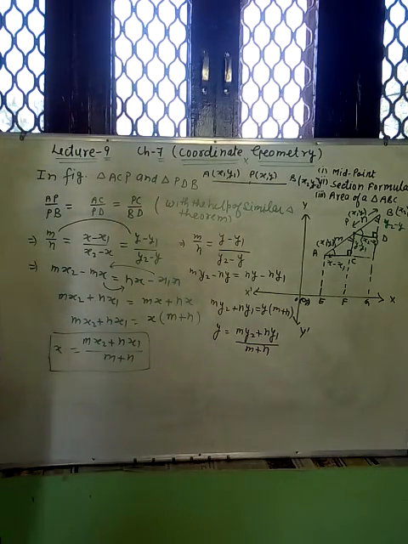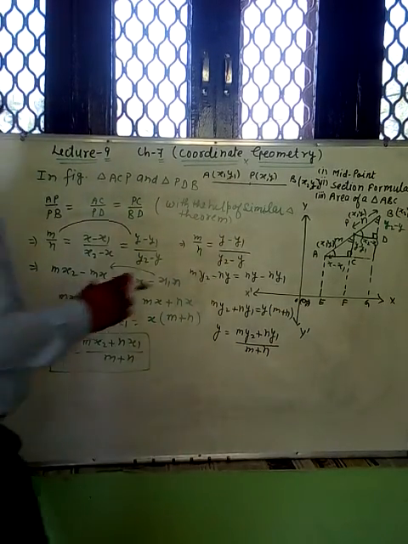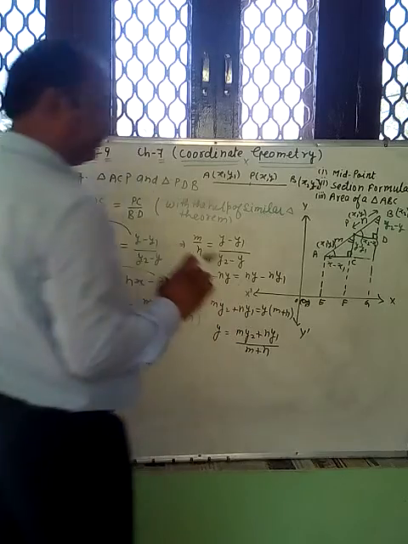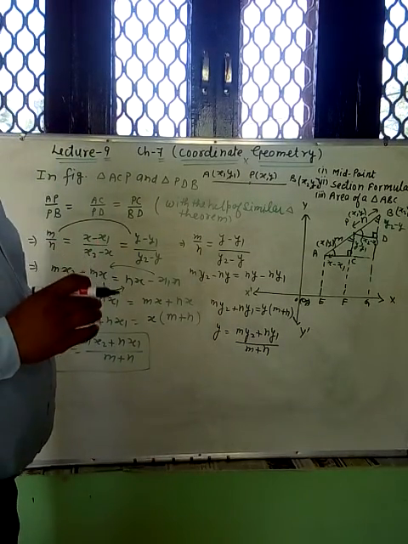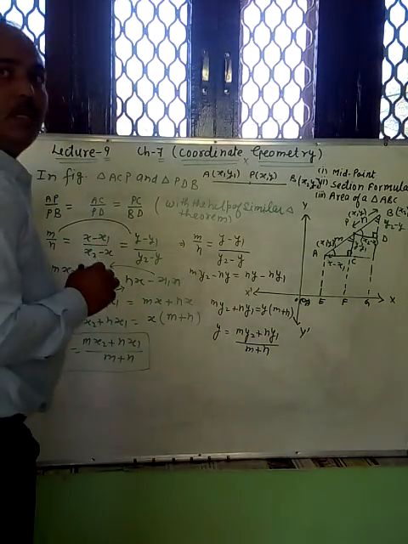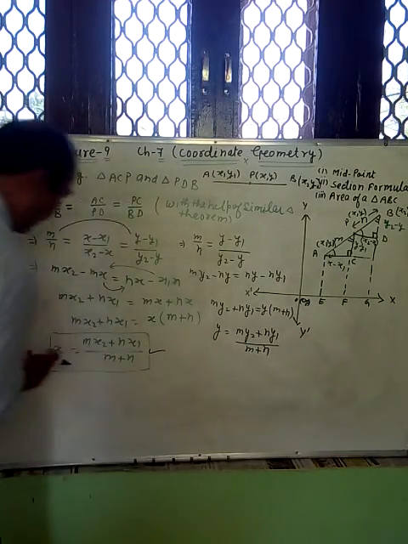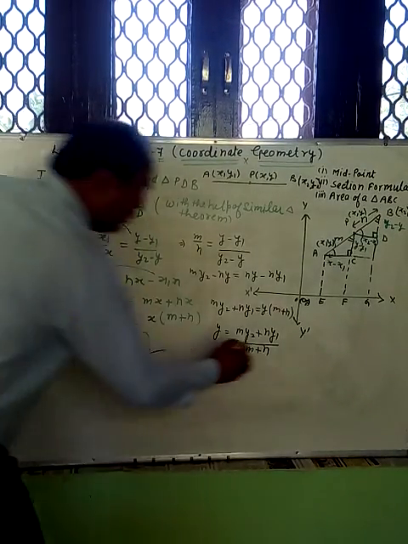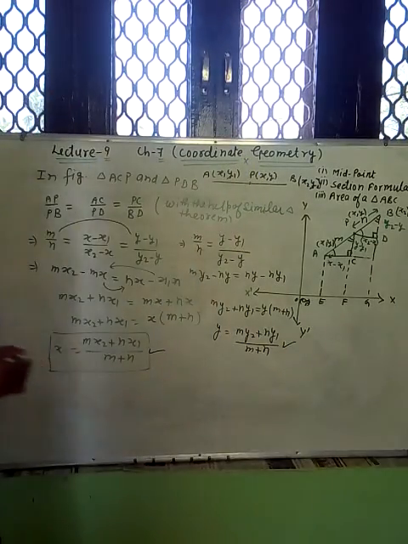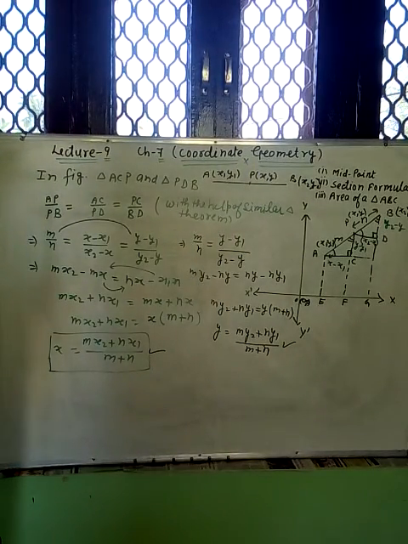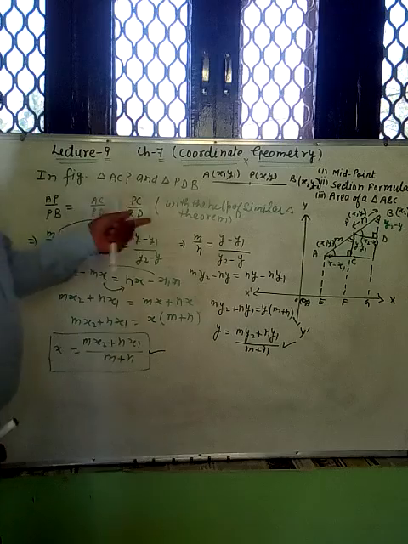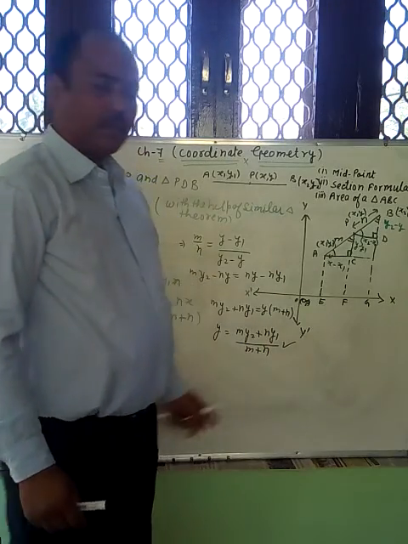So the values of x and y with the help of the section formula are these, and this is the section formula.